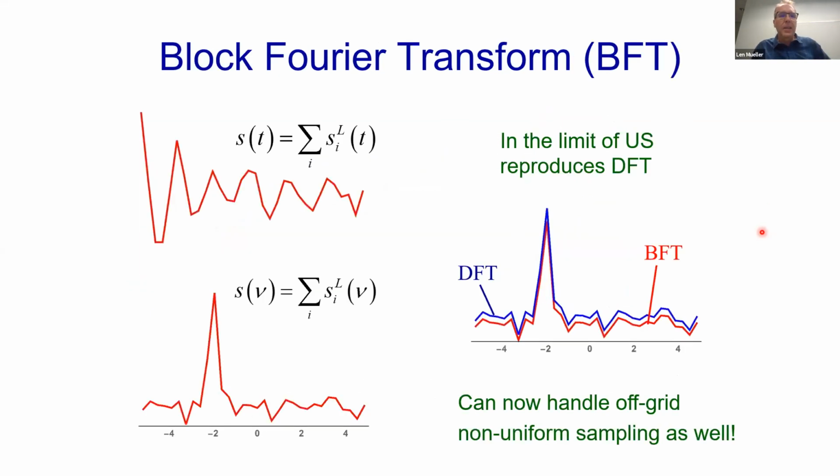And so now in this model of the free induction decay, it's just a series of piecewise continuous line segments, and the Fourier transform can be written down simply as the sum of the Fourier transforms of those individual lines. And in the limit of uniform sampling, this can reproduce the discrete Fourier transform, but it now allows us to go to general off-grid non-uniform sampling as well.